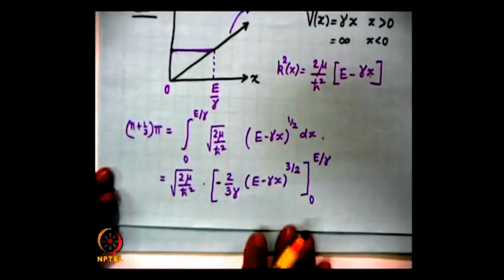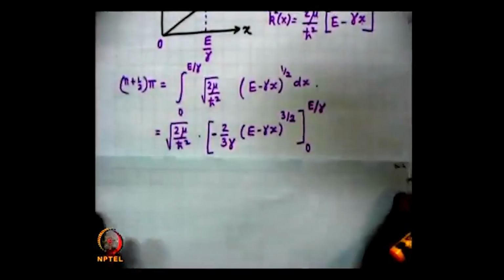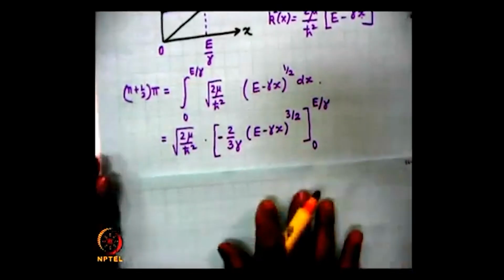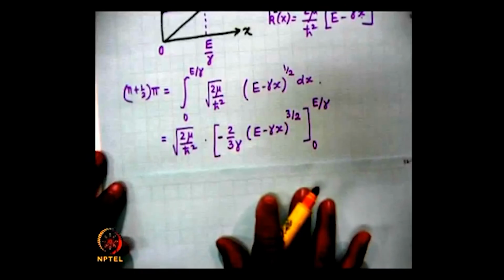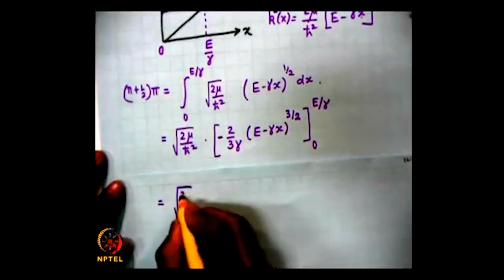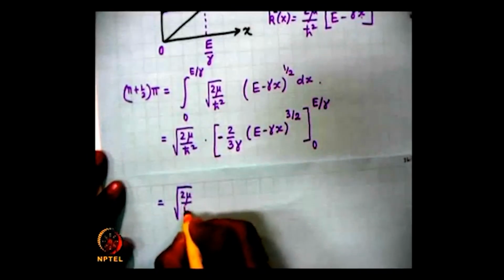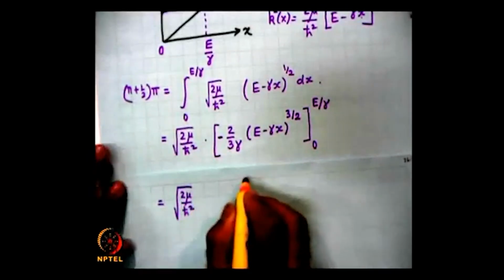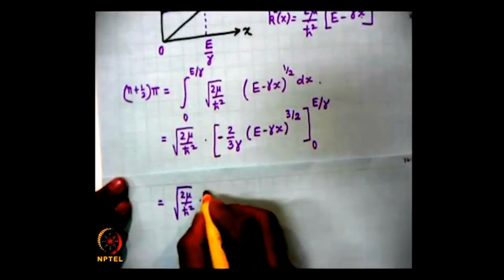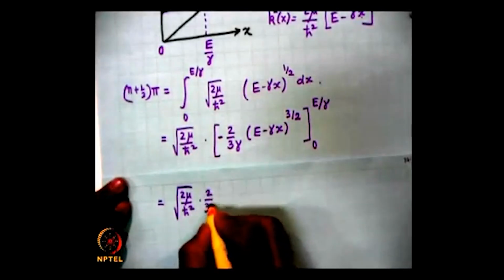So you will get, this is a very simple integration. So if I take gamma outside, you will get 2 mu by h cross square multiplied by 2 by 3 gamma.